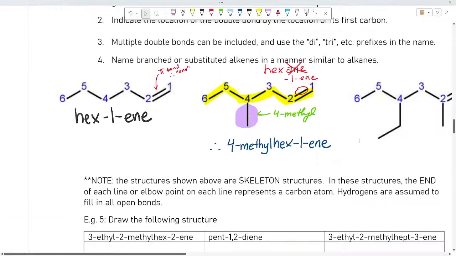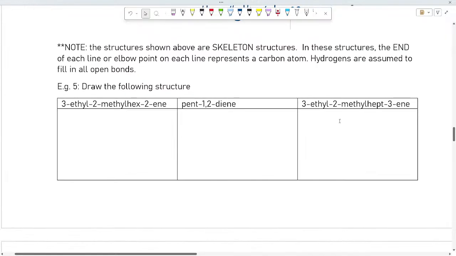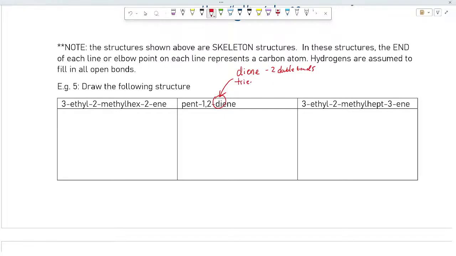Okay. Now, I want you to take a minute and draw these, and you'll note that just like I showed you there, same rules apply. Diene has 2 double bonds, right? Should go without saying that a triene would have 3 double bonds, right? I'll say 3 pi bonds.